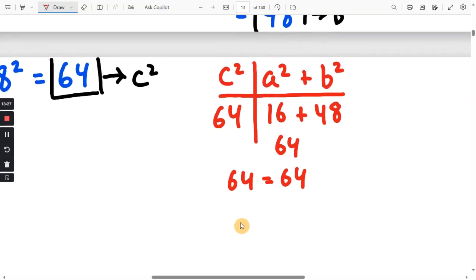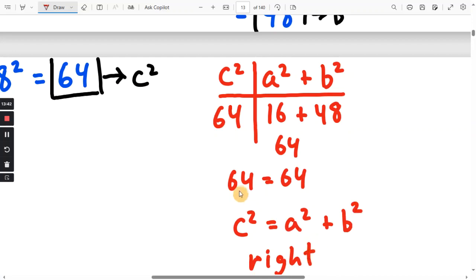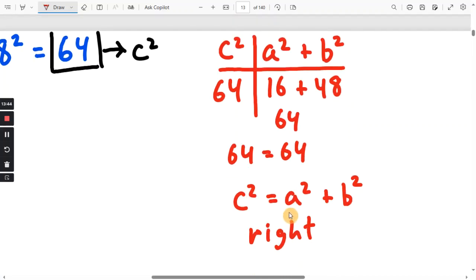But just remember, for the inequality, whatever number is less, the inequality is going to point to that side. So if the c squared is less, the arrow points to the c squared and it would be acute. If the a squared plus b squared is less, the arrow points to the right and it's going to be obtuse.